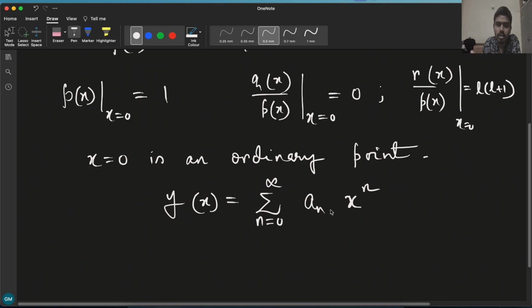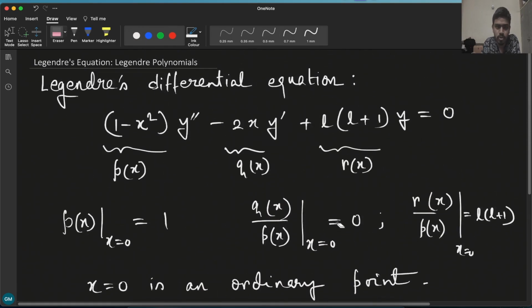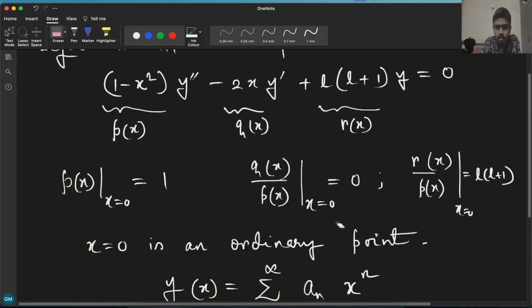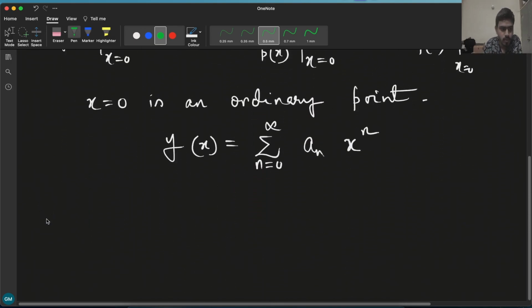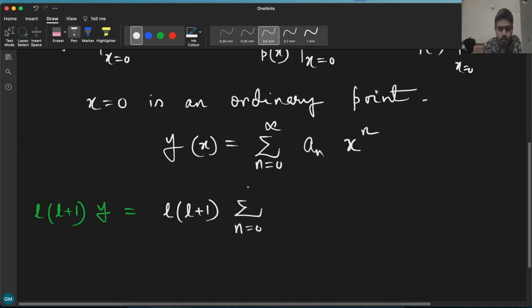So now our goal is to find these a_n, and we will follow the usual procedure. The third term is L into (L plus 1) y, which is L into (L plus 1) times the sum over n equals 0 to infinity of a_n x to the power n.